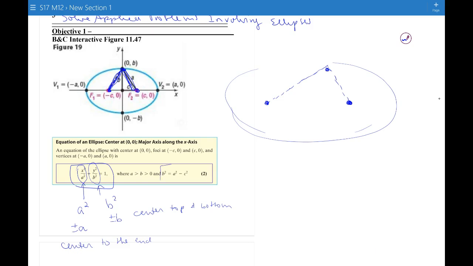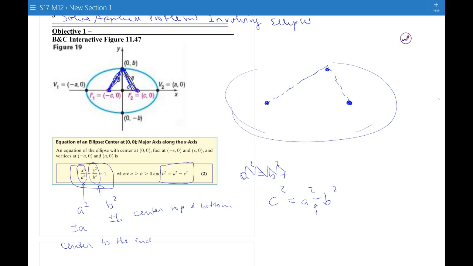And this, to me, is an awkward way to write this equation. So I like it better to say that c squared is a squared minus b squared.